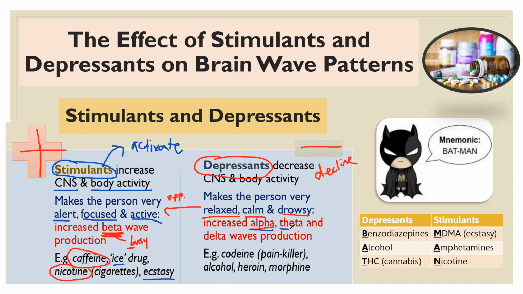Theta is associated with the early stages of sleep, and delta is D for delta, D for deep sleep. So when you take a depressant drug, you might not even feel sleepy to begin with, but you feel so relaxed, because those drugs lead to the production of brainwaves commonly associated with sleep.